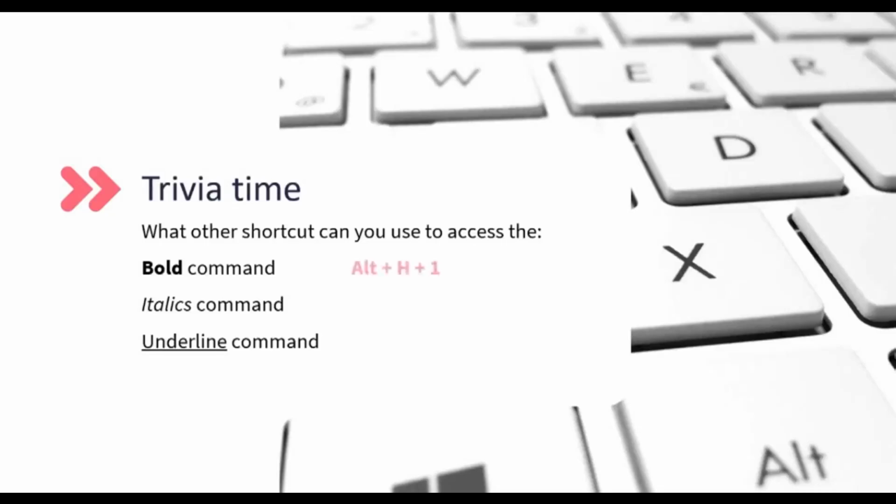For bold, you use Alt H1, for italics, Alt H2, and underline, Alt H3. Remember, don't hold the Alt key. The Alt key provides you with a whole world of alternate keyboard shortcut combinations, so you could effectively operate your computer just by using your keyboard.